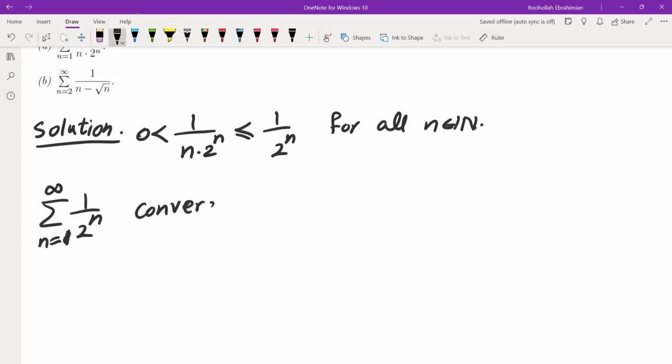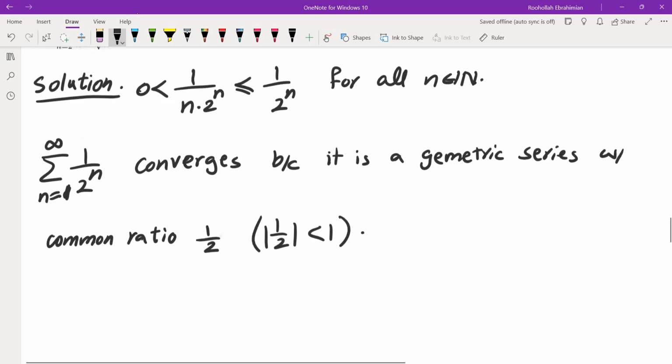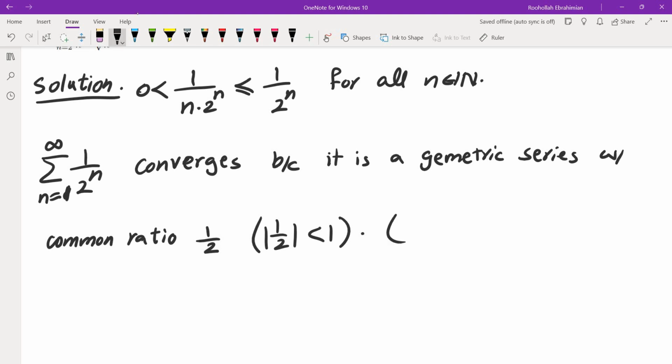Now, the sum of 1 over 2 to the n, n equals 0 or 1 to infinity, converges because it is a geometric series with common ratio 1/2. So 1/2 in absolute value is less than 1, so this converges. This is the example that we just did earlier.